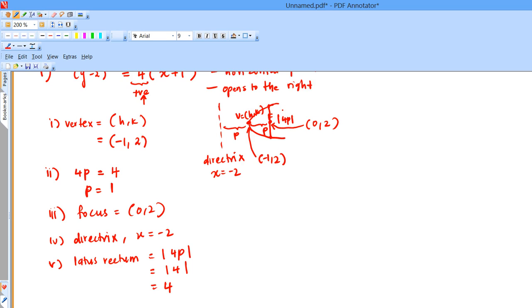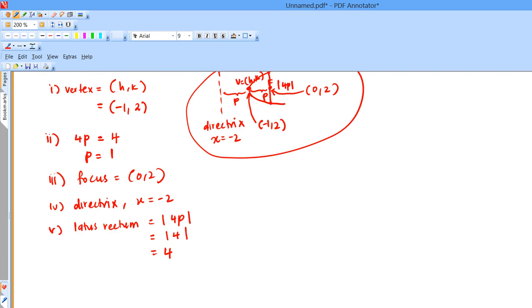So now, how to sketch this graph based on this information. We have the x and y axis. We have the vertex at (-1, 2). Here is -1, 1 and 2.